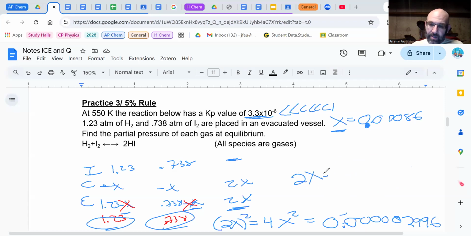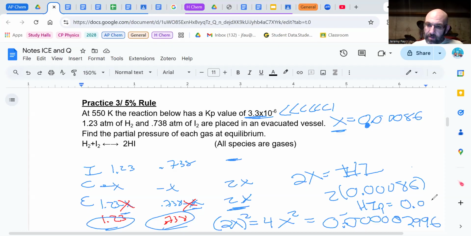So 2x equals HI, 2 times 0.00086, and you get HI's pressure is 0.00172.